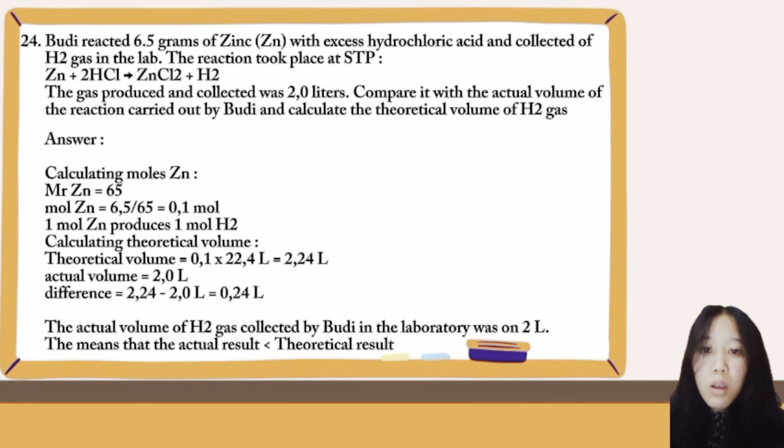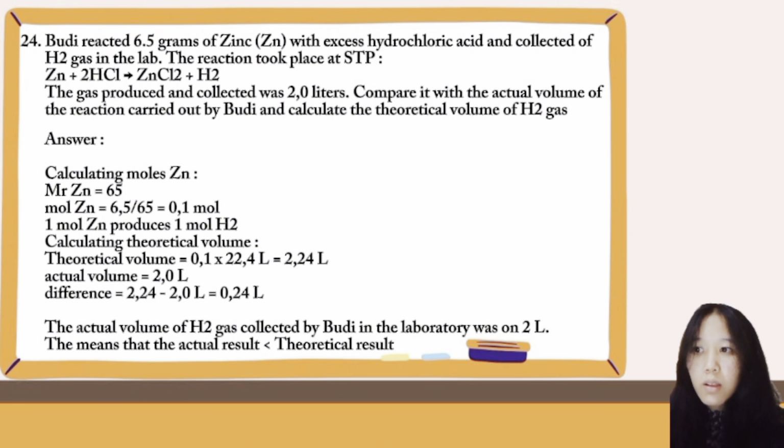When 1 mole of Zn produces 1 mole of hydrogen gas. Furthermore, calculating theoretical volume. The theoretical volume equals 0.1 multiplied by 22.4, which is equal to 2.24 liters. Actual volume is 2 liters.